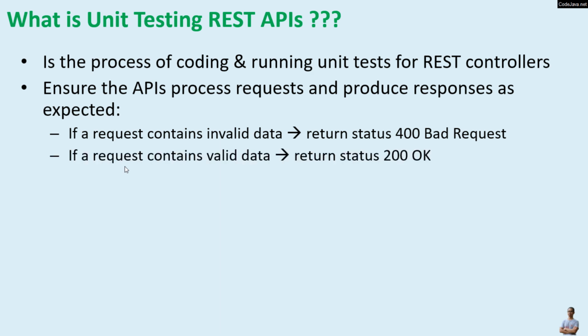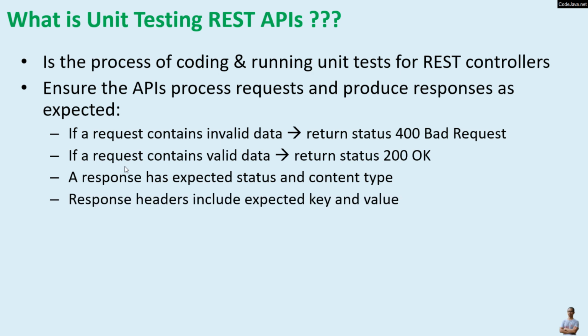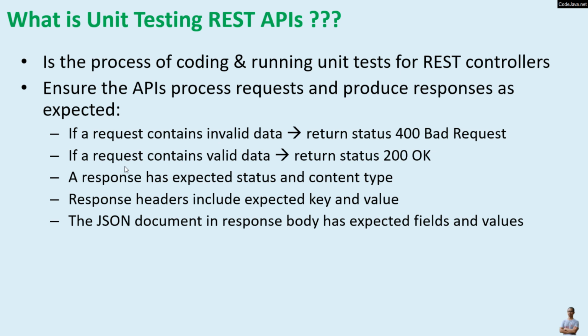Or if a request contains valid data, we expect that the API returns status 200 OK. A response has expected status and content type. And we also code unit testing for REST APIs to ensure that the response headers include expected key and value. Or the JSON document in the response body has expected fields and values, and so on.